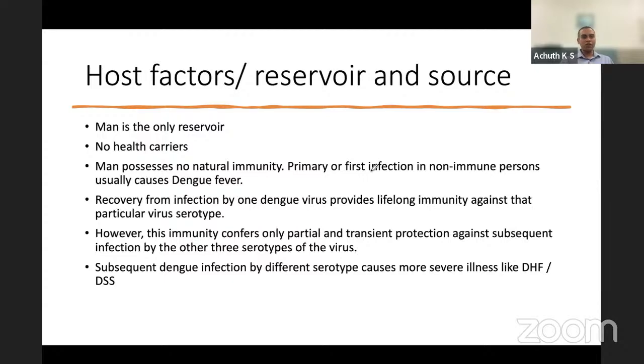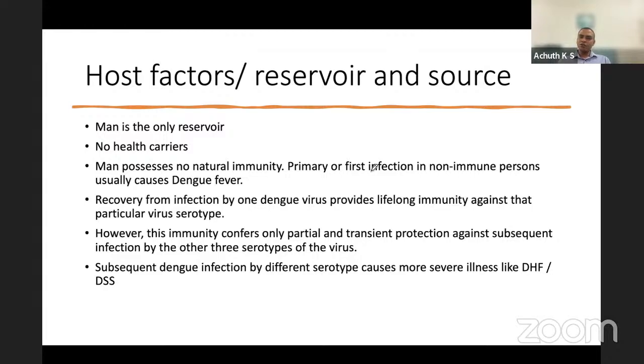Host factor, there is only one reservoir, that is man. No healthy carriers, no natural immunity. It means that the first infection gives immunity for the first one, but one type of infection does not provide immunity for the second serotype. That is the worst one.